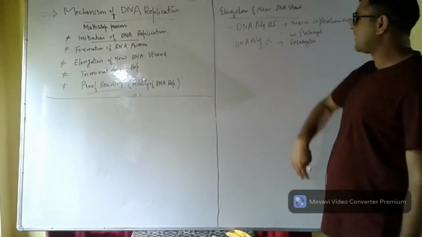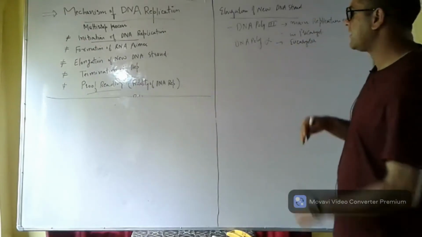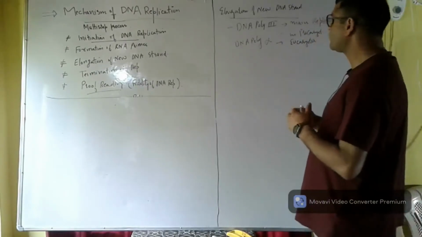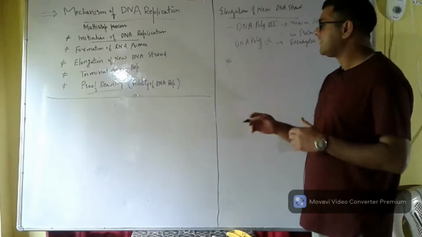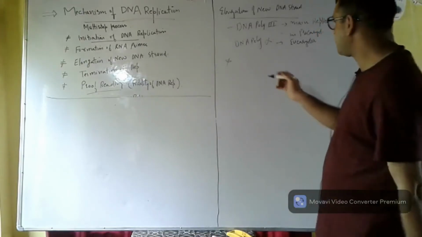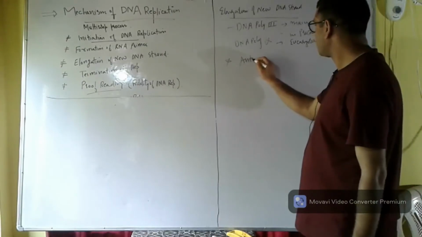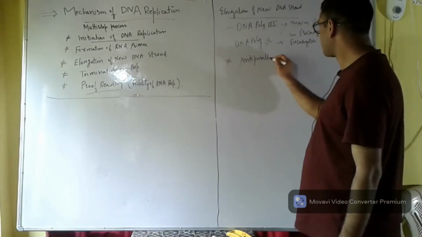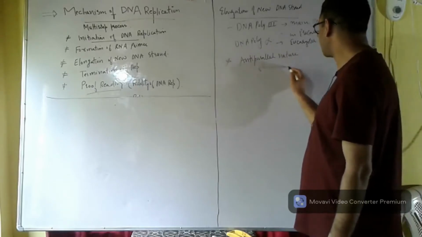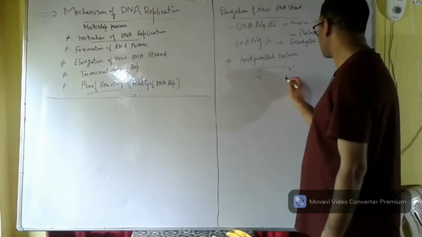These DNA polymerase alpha or DNA polymerase III add deoxyribonucleotides to this primer, and in this way the DNA strand elongates. Due to the antiparallel nature, one strand is in the 5' to 3' direction and the other is in the 3' to 5' direction.